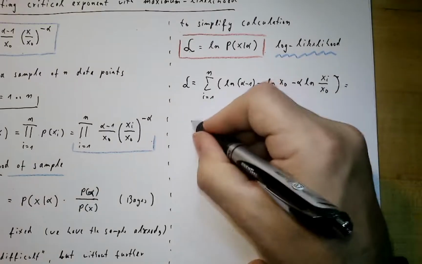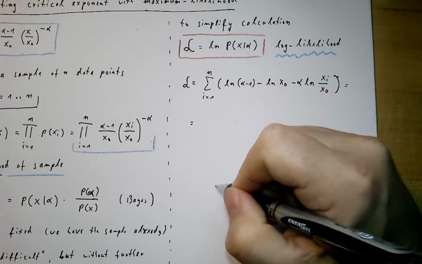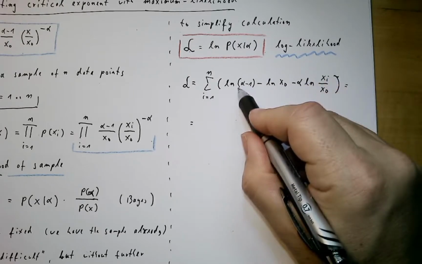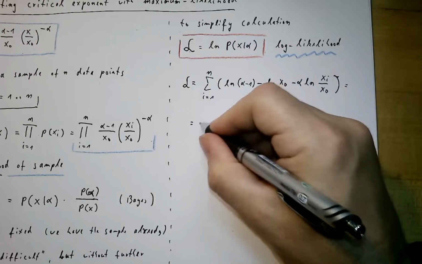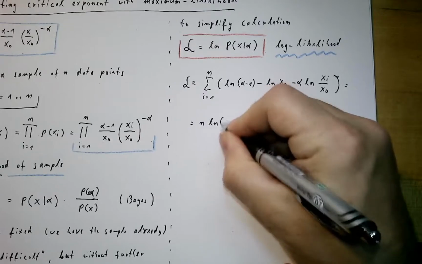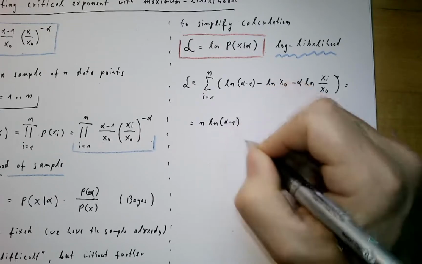Okay, now we can simplify this sum. The first term doesn't depend on the index i, so the first is just n times the logarithm of alpha minus 1.